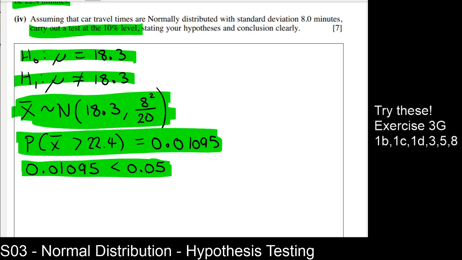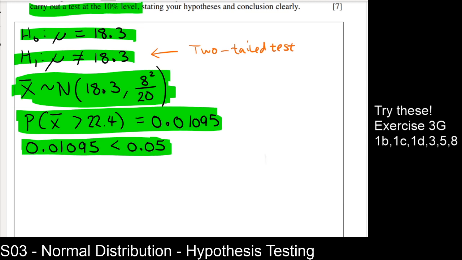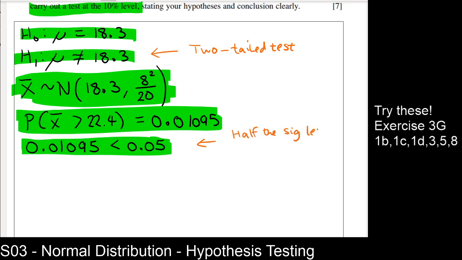And that's because when we've got what we call a two-tailed test, because we have the not equal sign, we're looking at the change in either direction. When we have a two-tailed test, we halve the significance level.